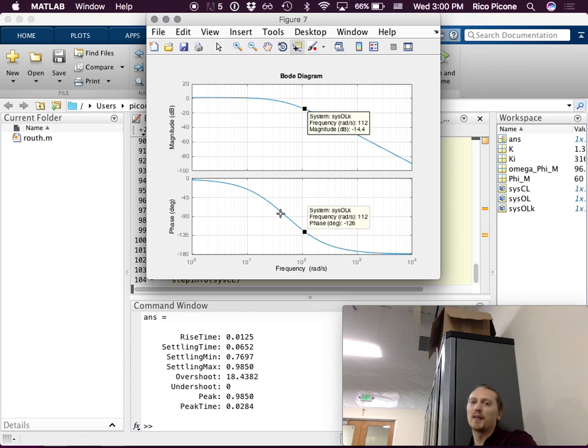We're not below negative 180 degrees at 0 dB. Notice that we can never be below negative 180 degrees for this system, because you can go up to infinitely high frequencies and never quite reach negative 180 degrees. But other systems have crossings of negative 180, and if you increase the gain to a certain point, that's going to be an issue.